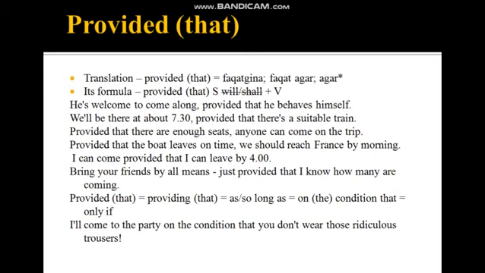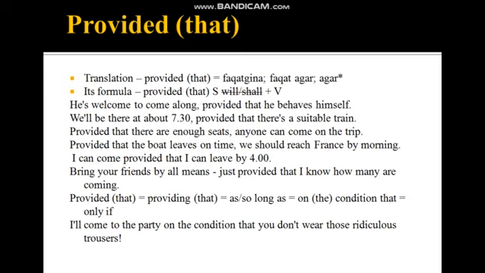Well, in our language, that's going to be fakat gina or fakat agar, or that sounds a little bit stronger, agar. So its formula is provided that. See guys, after provided that, you're not allowed to use future words like modal verbs of will and shall.